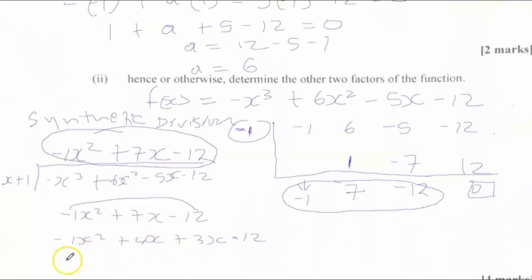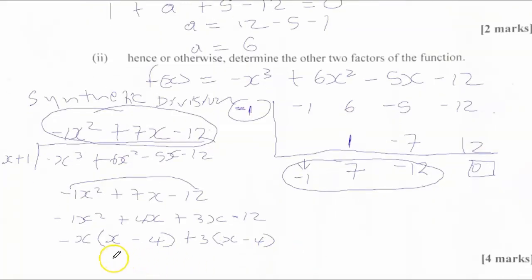Alright, so if we factor by groups, factor out minus x. In the bracket, we'll have x minus 4. In the other bracket, factor out positive 3. We'll have x minus 4. So factorize, we end up with x minus 4 is a common bracket.